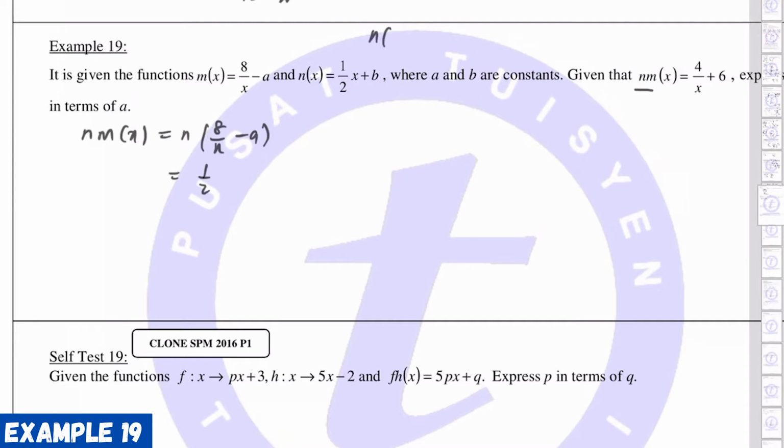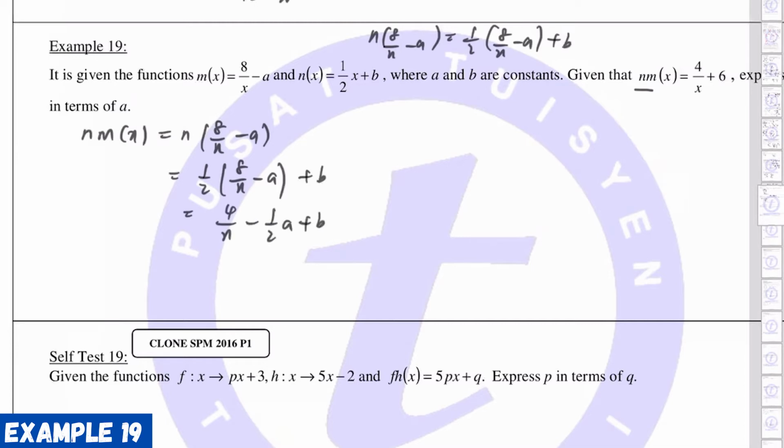N(x) is half x plus b. If I put 8 over x minus a, I must put 8 over x minus a inside here, so it looks something like this. Now, what can I do with the half? I times in, half and 8 can cancel, 4 over x minus half a plus b, and NM(x) is also given here, which is 4 over x plus 6.